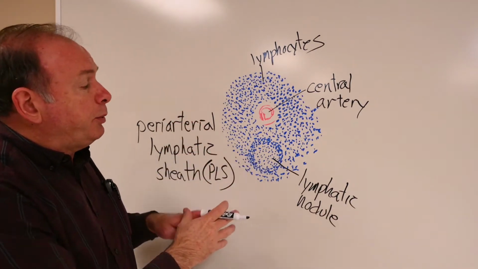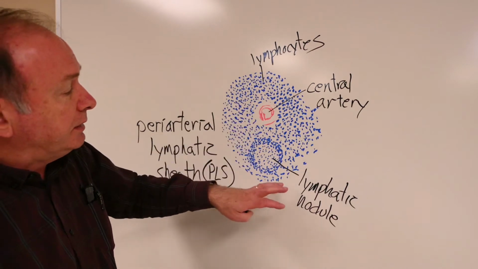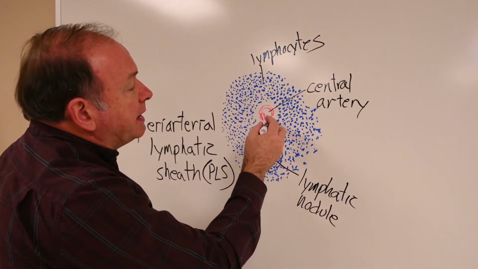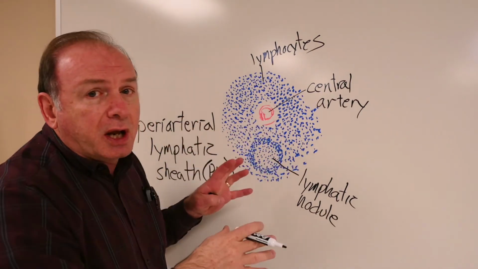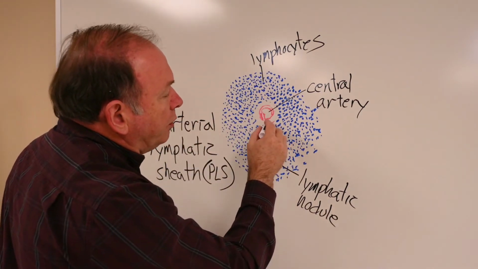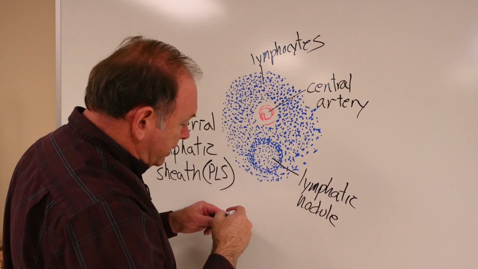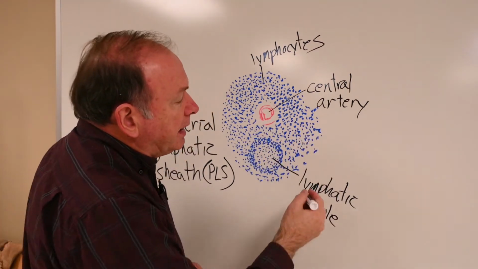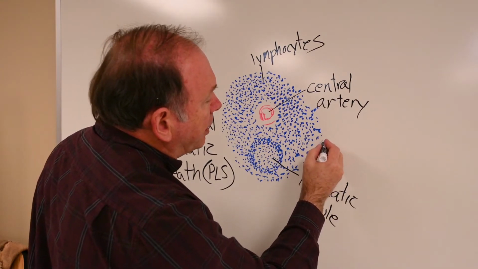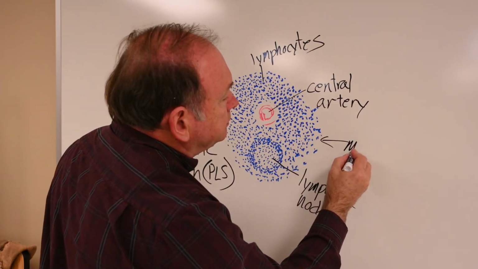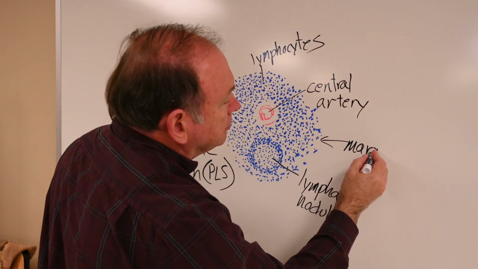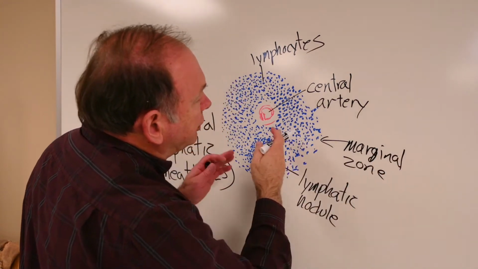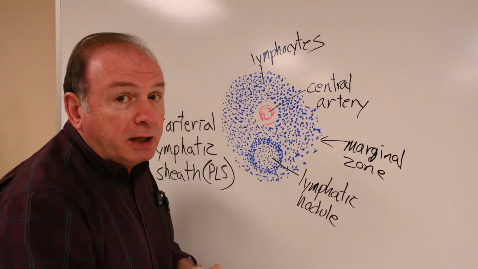That's a region of white pulp, and within it we have the lymphocytes, all that going on around that artery. Some of the artery branches that come from this will move through to the region at the edges between the white pulp and the red pulp, and out here on the margin we call this the marginal zone, at the perimeter of the white pulp where you're getting into the red pulp.